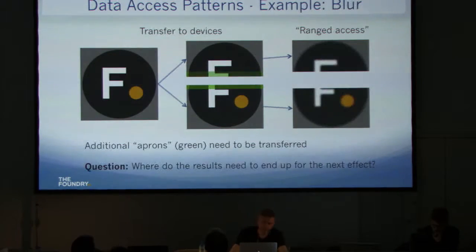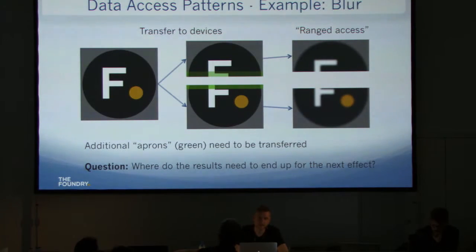A slightly more complicated example of breaking up the data and sending it to different devices is a blur. Here I'm going to try to blur this initial image on the left. I'm going to send pieces of data to the different devices, but note the little green areas. These little green areas are called aprons, and here, in order to produce the output, each output pixel requires a ranged access of pixels around it in order to do the blur.